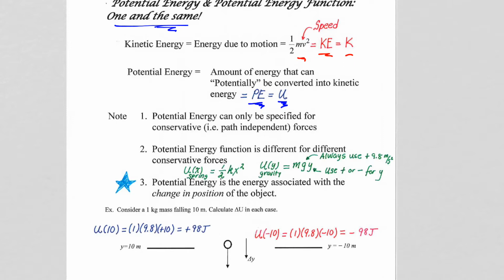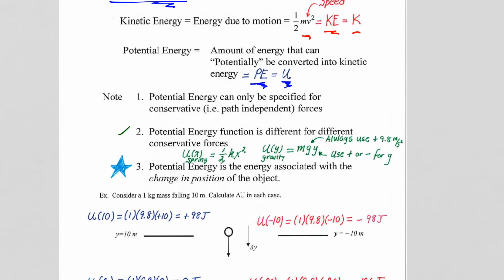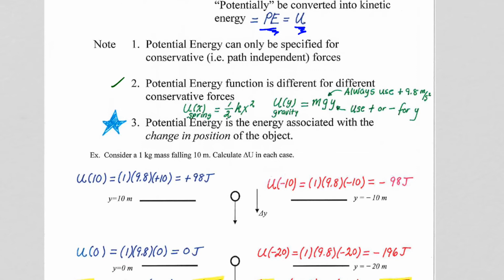There are definitely, as it says here in number 2, specific functions, mathematical equations that describe the number of joules of energy that can be converted into kinetic energy. And please get this into your notes. I said I'm giving it to you without proof on this second page of notes, but we will talk about it more formally in a couple of pages. So the potential energy for a spring, 1/2 kx squared.